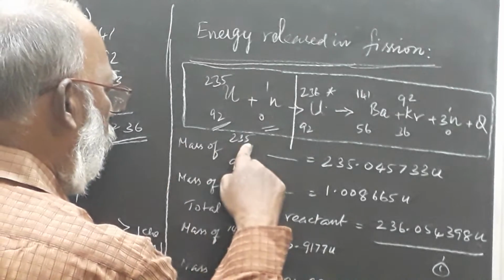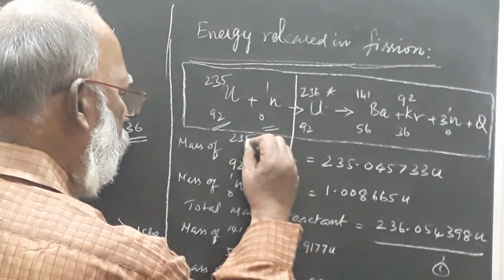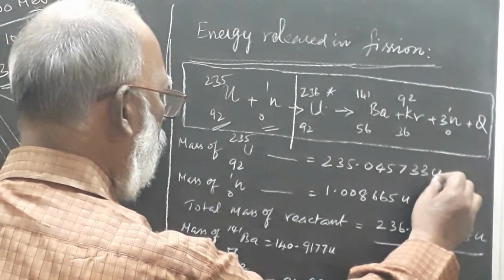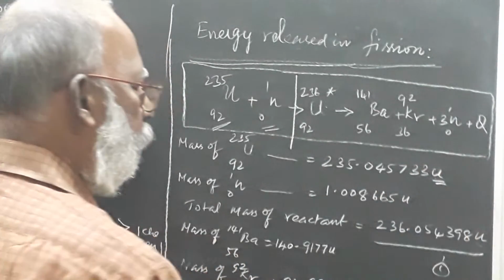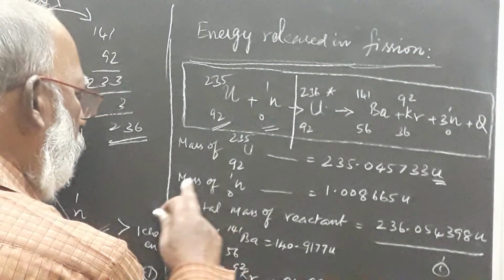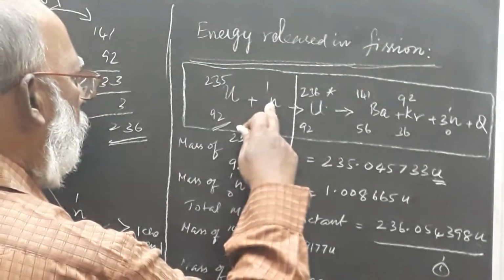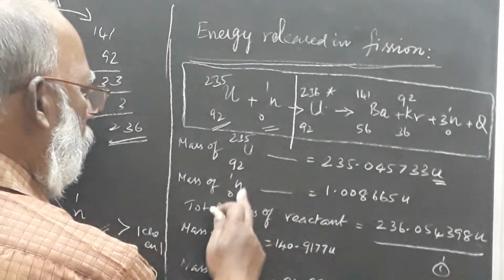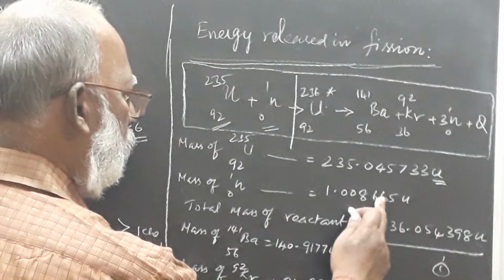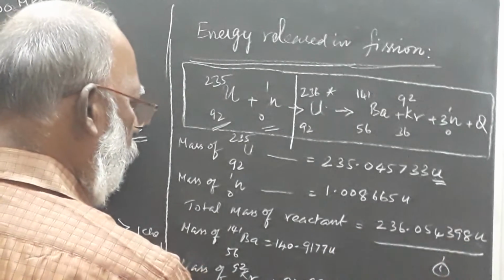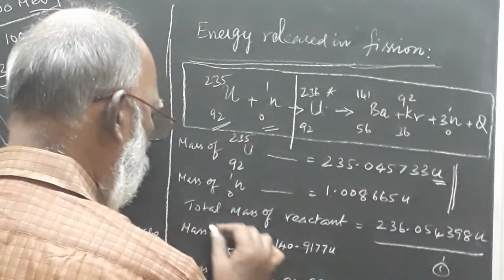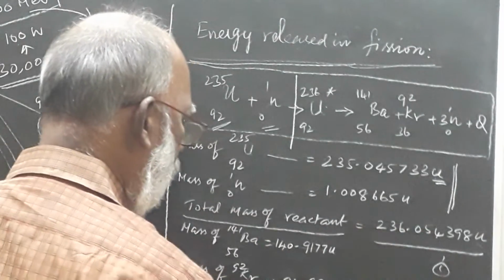The mass of uranium is equivalent to 235.045 atomic mass unit, u meaning atomic mass unit. And the mass of 1 neutron is 1.008665 atomic mass unit. If you add these two, you get the total mass of the reactants.